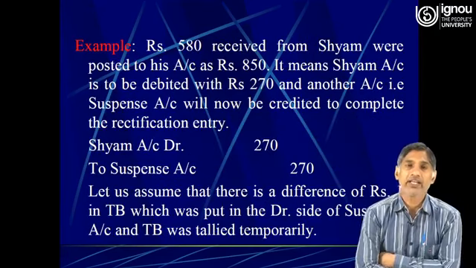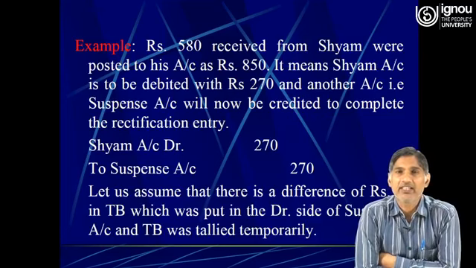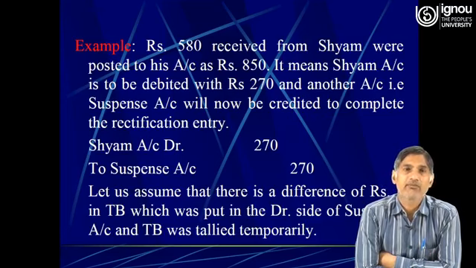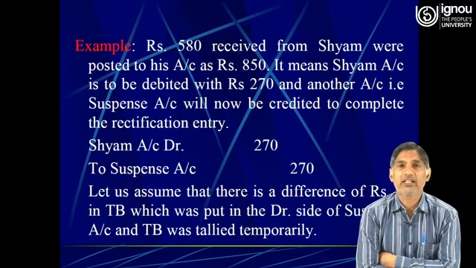Now take an example. Rupees 580 received from Shyam were posted to his account as rupees 850. So the right journal entry that must have been passed when we receive the amount from Shyam: cash account debit to Shyam 580.